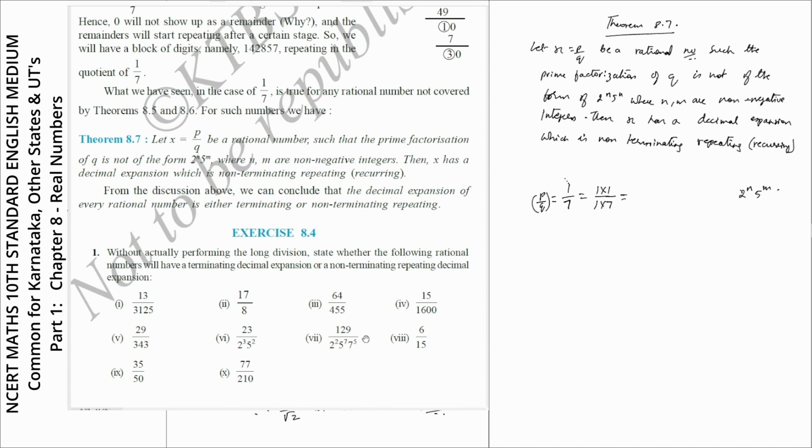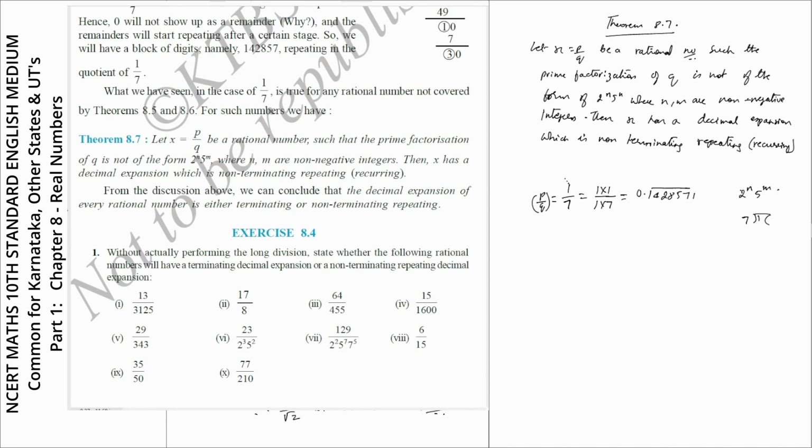So in this case, when we divide 1 by 7, we get a recurring decimal. When we divide by 7, we get 0.142857 1. Again it will recur. That means these digits keep on repeating.